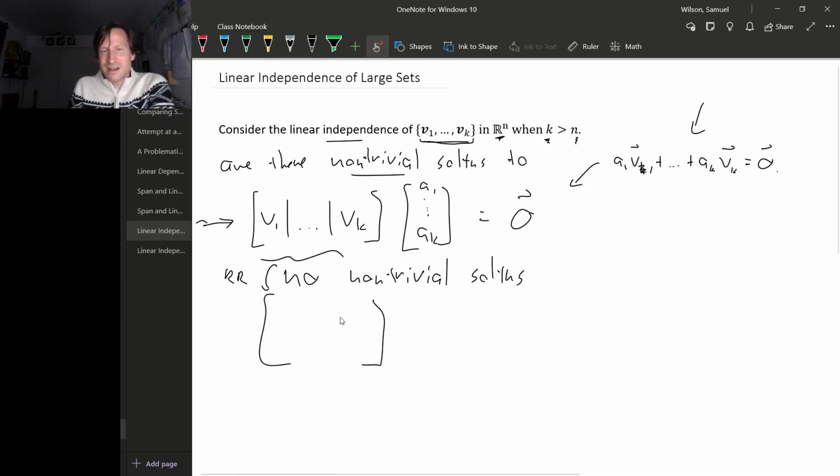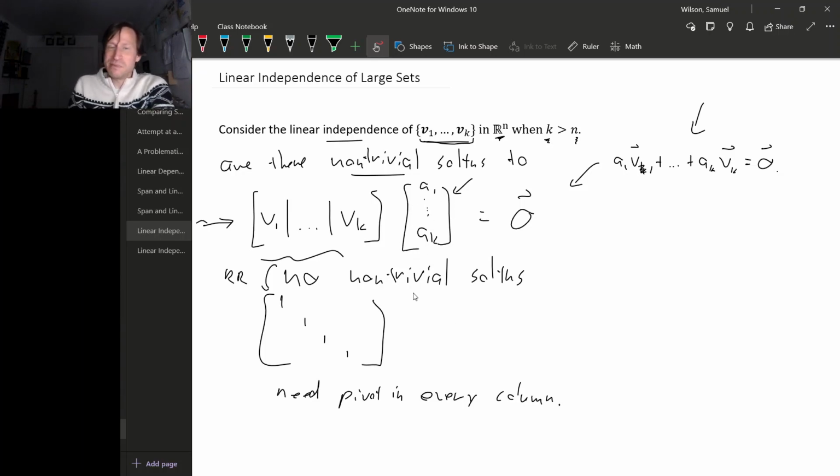But what would that look like? Because we have k entries here, to force these all to be 0, we would need a leading 1, a pivot, in every column, because we can't have any free variables. If we had any free variables, then we could choose that variable to be non-zero, and that would give us a non-trivial solution. So to have no non-trivial solutions, we need a pivot in every column.